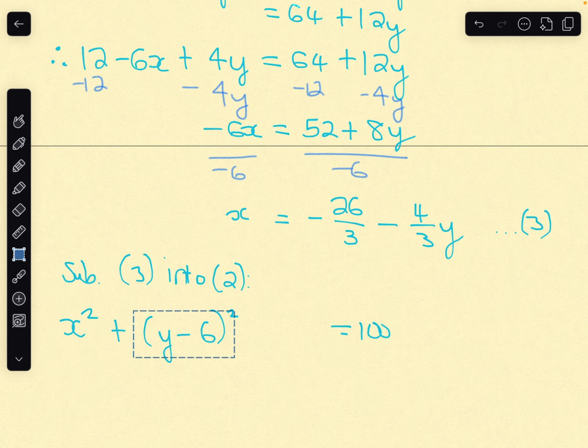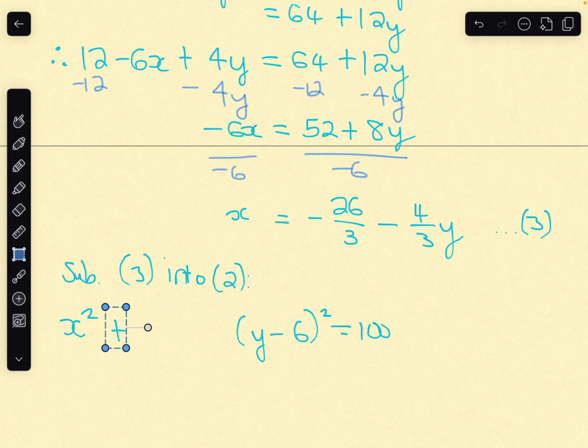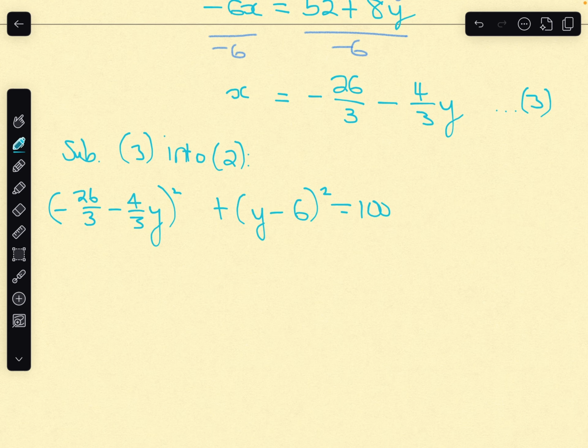So I'm going to replace my x. I should have taken that plus with it. I'm going to replace my x with this new expression that I found for x. Right, so let us square all of that.